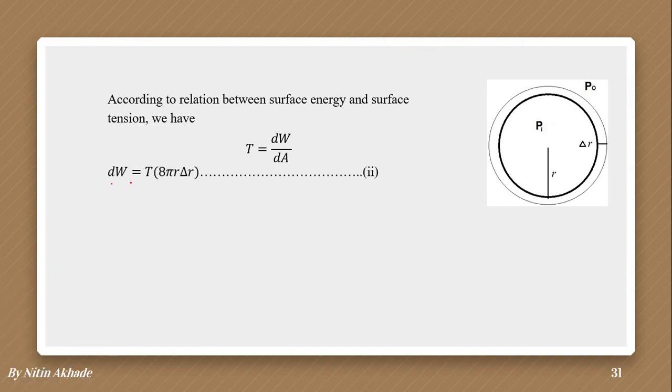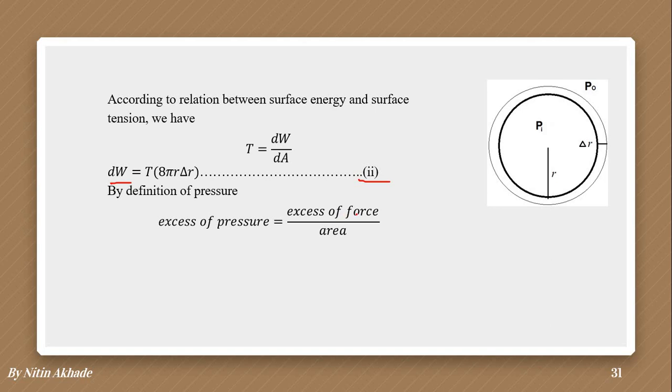So now work done is equal to T into (8 pi r into delta r), equation number 2. This will be the work done or surface energy. But by the definition of pressure, as we all know, pressure is equal to force upon area. So excess force is equal to the excess pressure multiplied by the surface area.